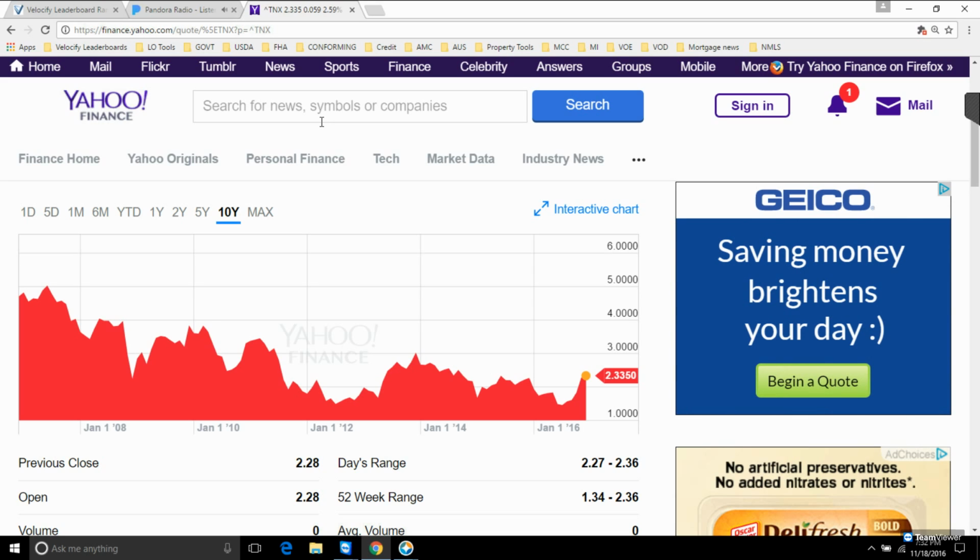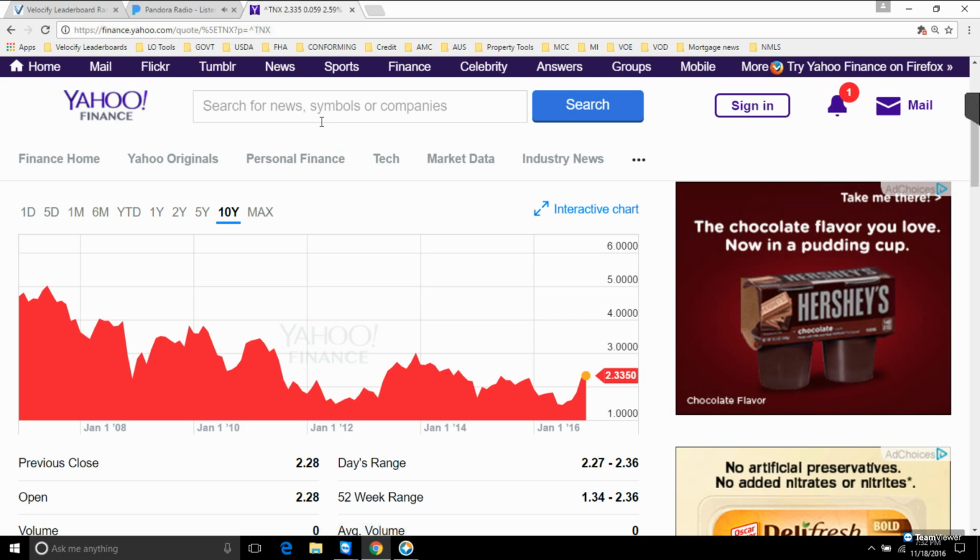So the 10-year, you can just look it up on Yahoo Finance. That's where I look it up, or CNN Money, and you can see where it's going. There's also an index for the Fannie Mae 30-year, or rather a graph for that one too. LIBOR is the London Interbank Offered Rate.